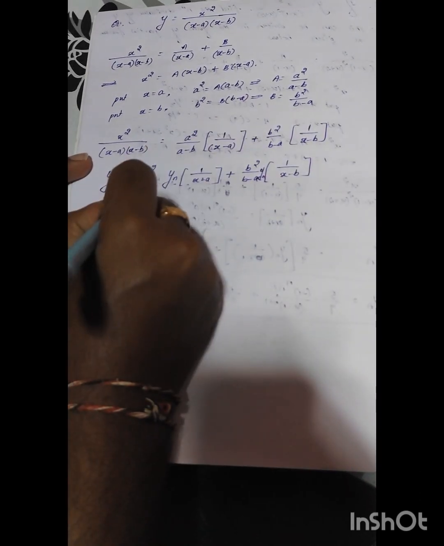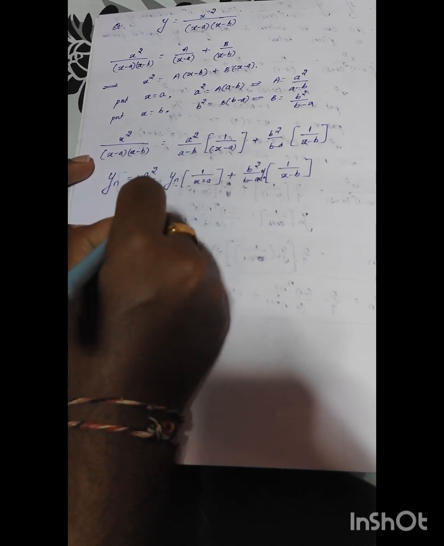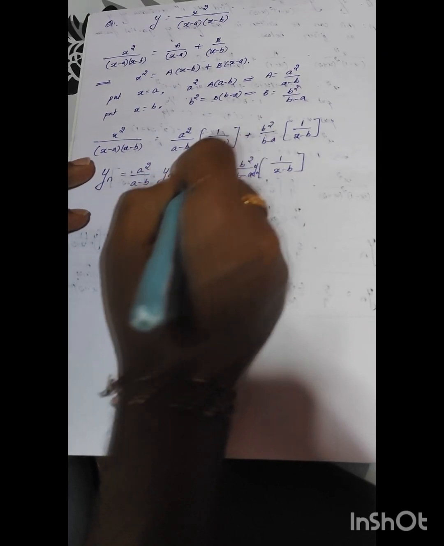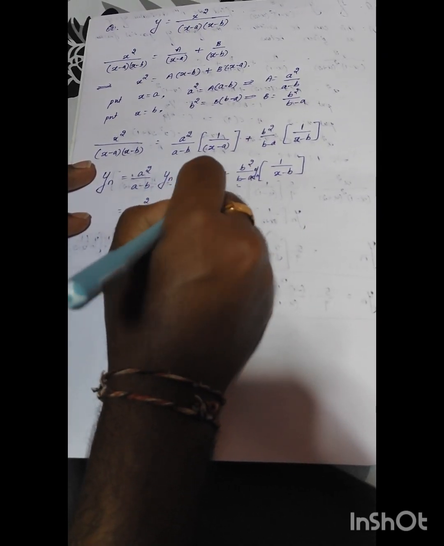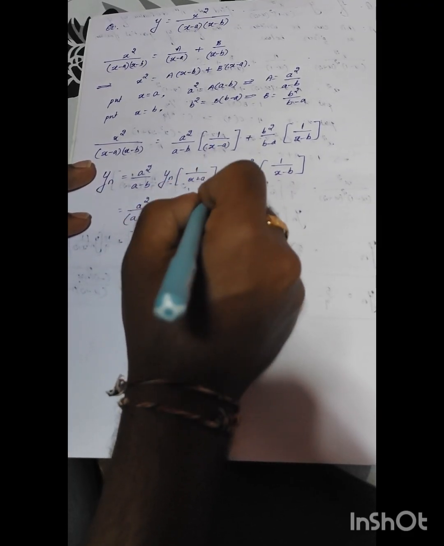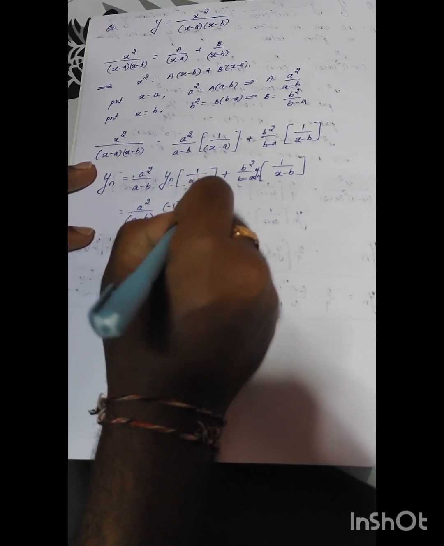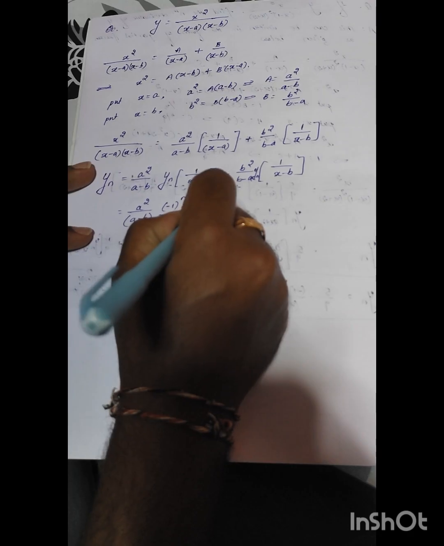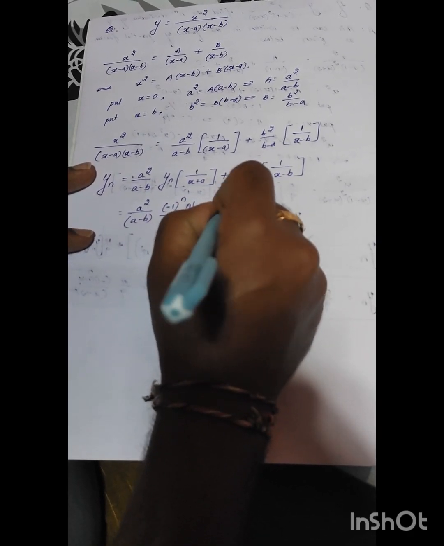The same rule applies here also. The nth derivative of 1 over x minus a is nothing but minus 1 raised to n into n factorial, divided by x minus a raised to n plus 1. Here the value of a is 1, so 1 raised to n, so I am not writing that.